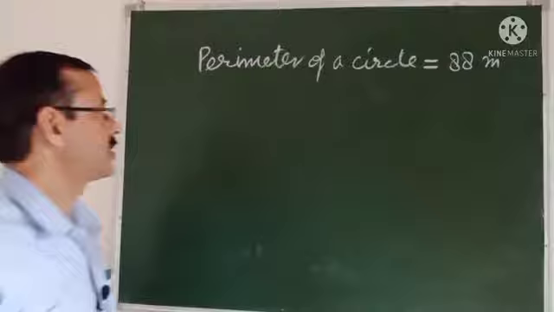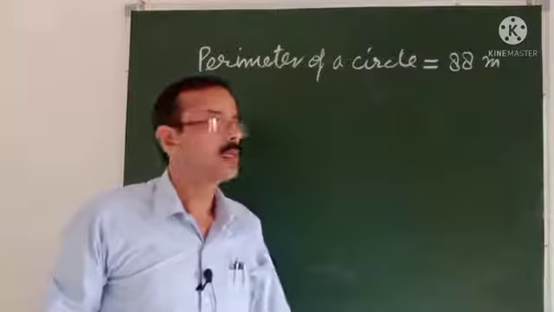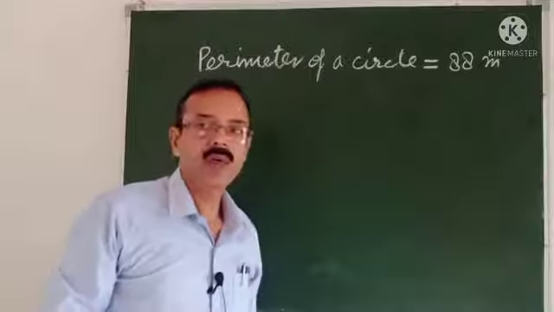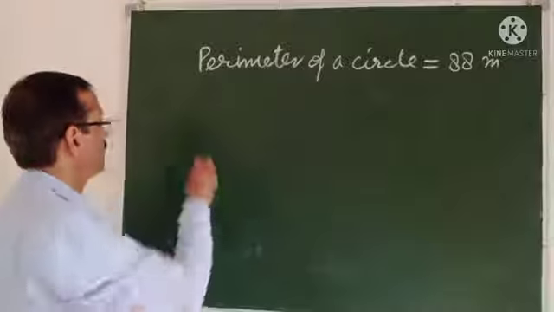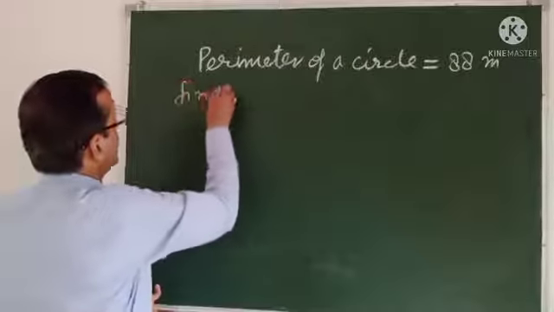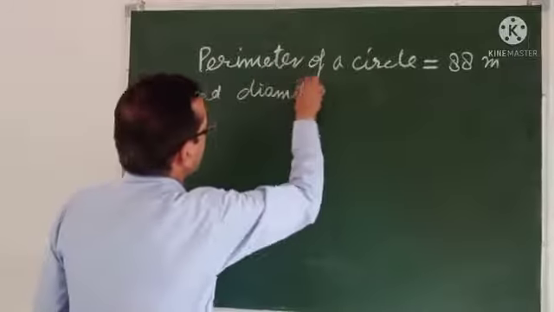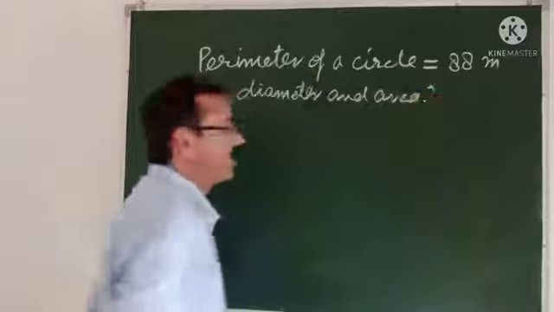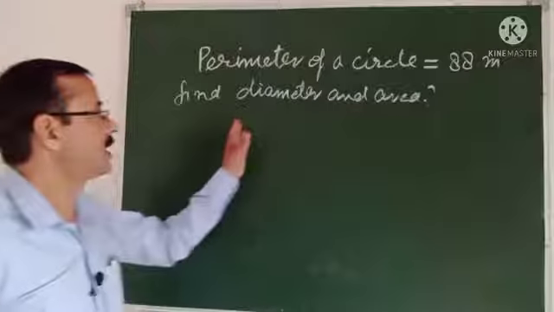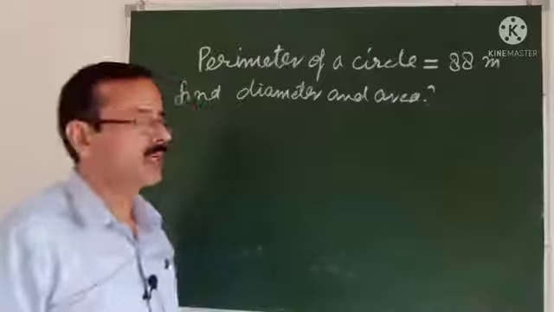So let's see this question. The perimeter of a circle is given as 88 meters. We have to find the diameter and area of this circle. To find the diameter and area, we need the radius. Then we can find the diameter and area.